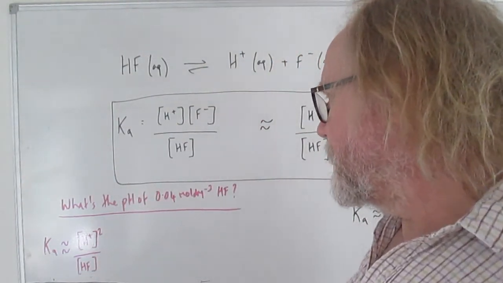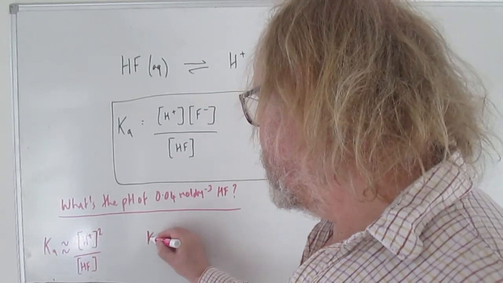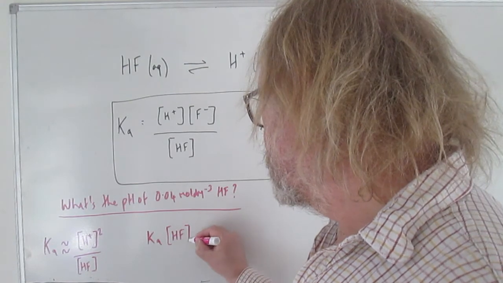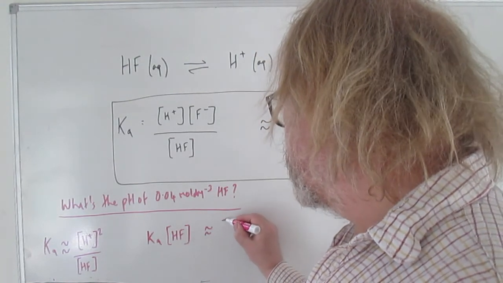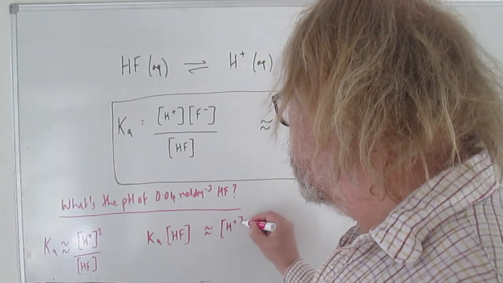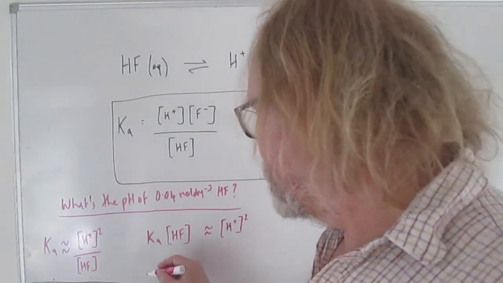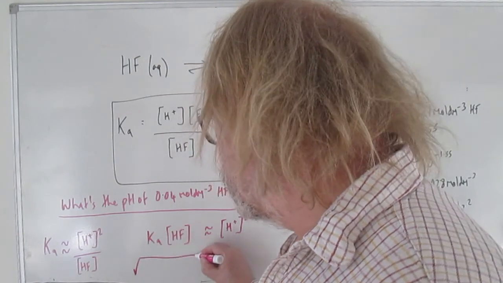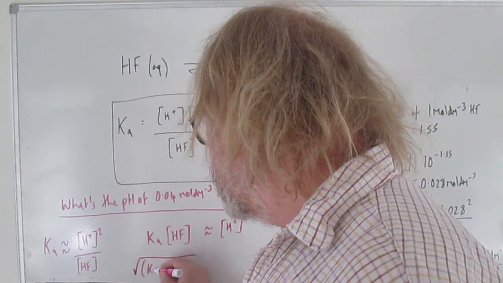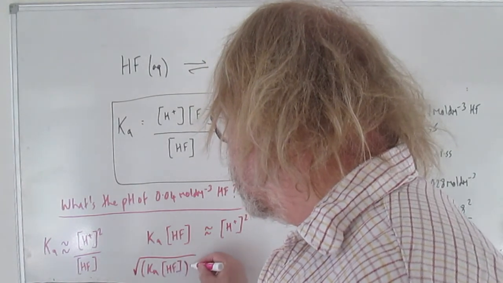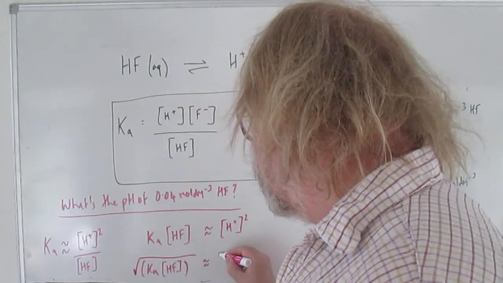And so rearranging that, we get that Ka times [HF] is approximately equal to [H+]². And if we therefore take the square root of both sides, we get that the square root of Ka times [HF] is approximately equal to [H+].